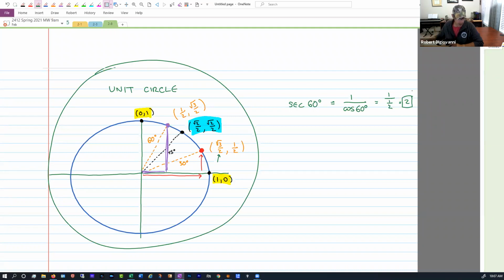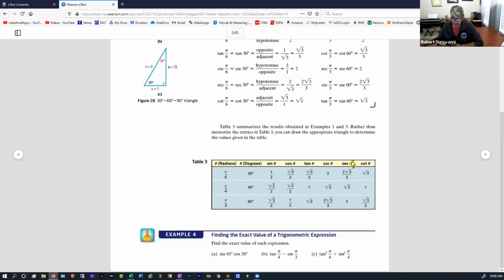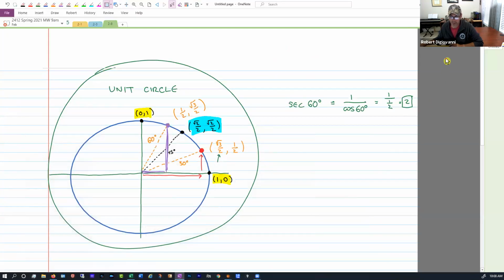All right. And again, we could just memorize that right here. Secant of 60 degrees is 2, right? We could just memorize the table. Some people like to memorize. Okay, how about this? Cotangent of 45 degrees.